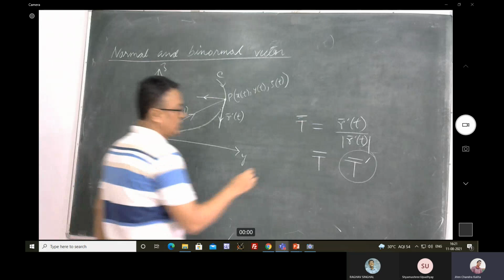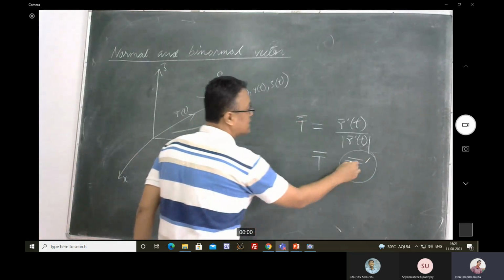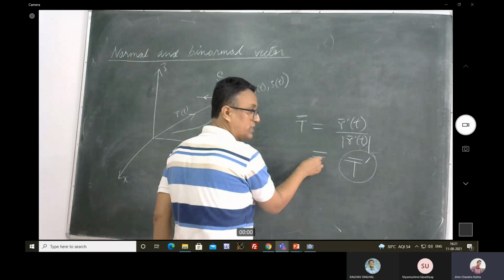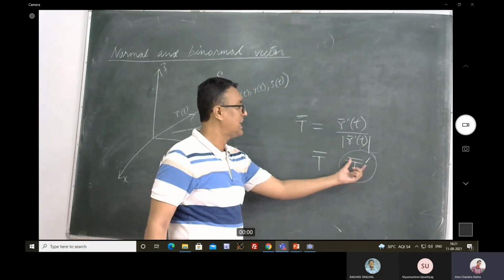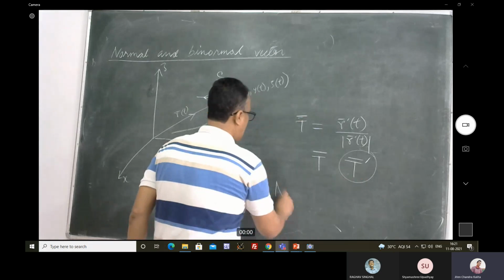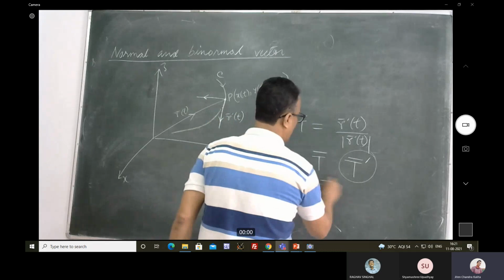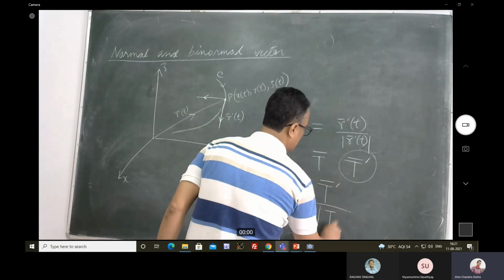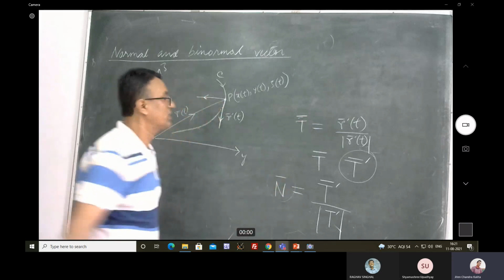Because I know that T prime is perpendicular to T, but that doesn't guarantee that T prime is a unit vector, I am going to choose a unit vector N bar given by T prime divided by the magnitude of T prime. So definitely this is going to be a unit vector.